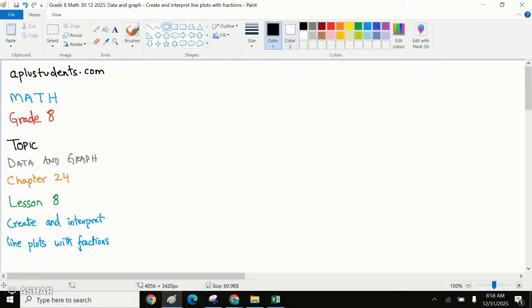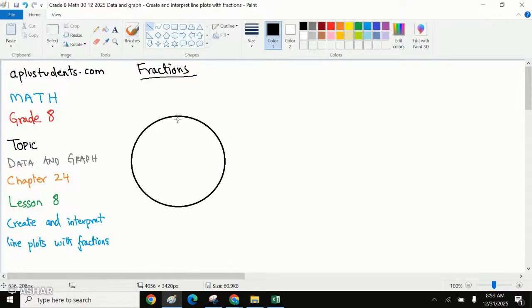If I pick up a circle, before moving ahead, let's make 4 quarters. 4 quarters means we are breaking up the circle into 4 parts. Once the circle is broken down into all these parts, I'll start labeling.